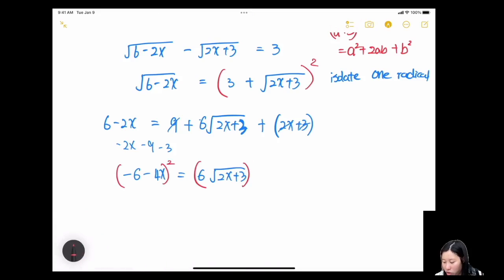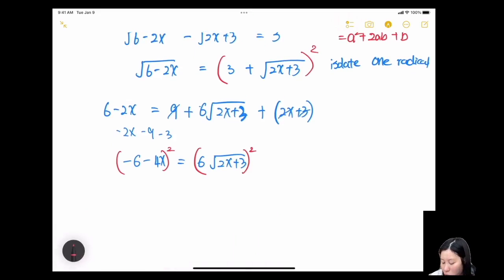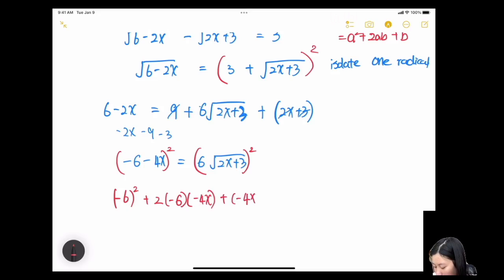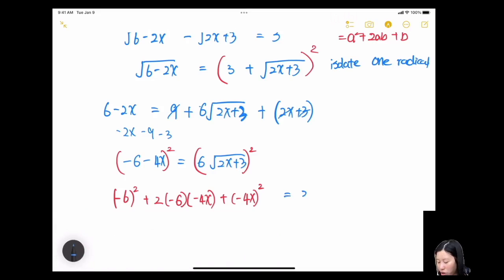Again, we still need to apply the perfect trinomial, which is a squared plus 2 times a times b, and then plus b squared, which is equals to 36 times 2x plus 3.